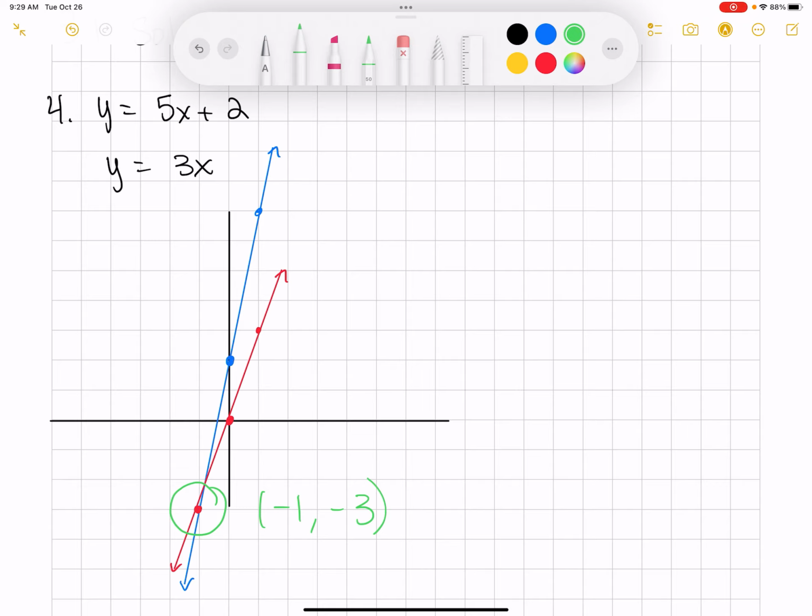Okay, and then we're going to take that and check it in one of those two equations. I'm going to pick the bottom one because I think it's easier. So -3 is equal to 3 times -1. -3 equals -3. And so I've checked it and it's good.